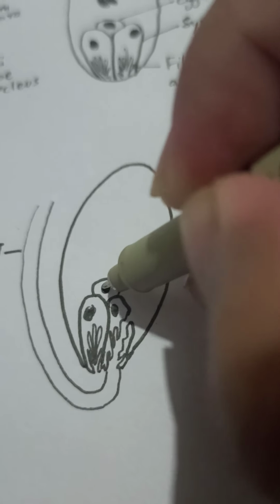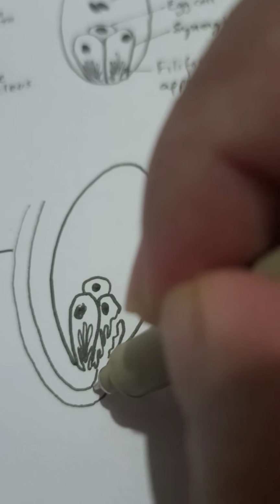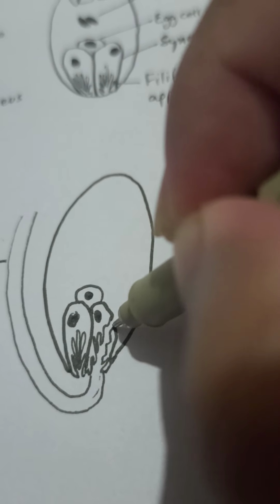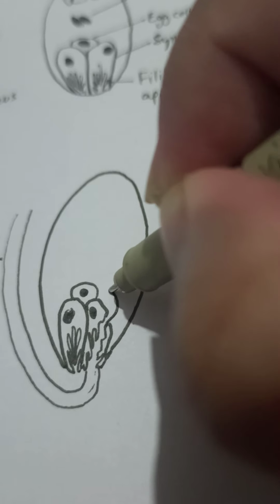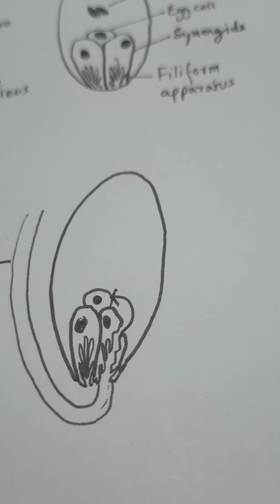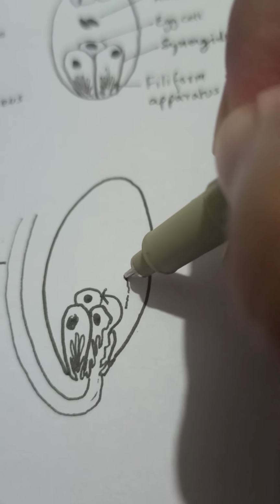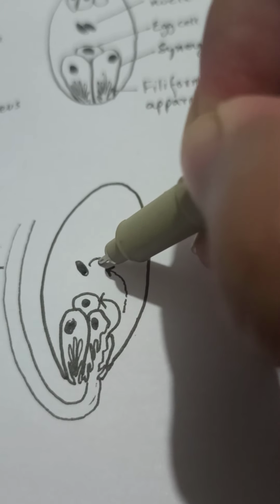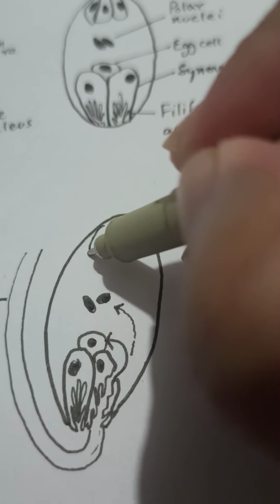And once it is there, this tube nucleus will now make way for the two sperm nuclei that were coming behind it to enter inside. So the two sperm nuclei will enter. One will go and fertilize the egg cell, and the second will go and fertilize the two polar nuclei present in the central cell.